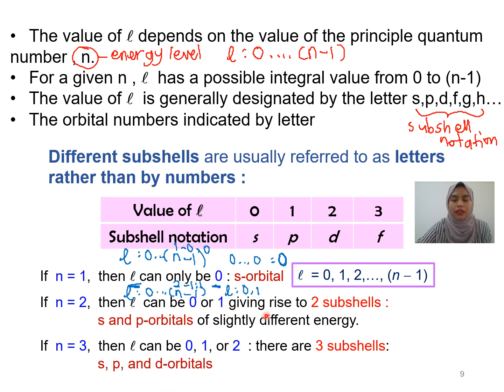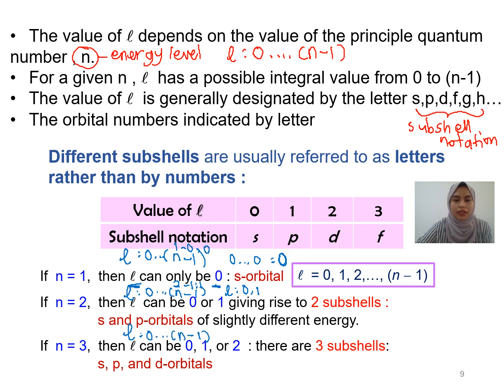Therefore there will be two subshells for energy level n equals 2, since the L value can be 0 or 1. Therefore there will be two types of subshells, which are S and P orbitals. Okay, for energy level n equals 3, the possible integral values will be from 0 until n minus 1.